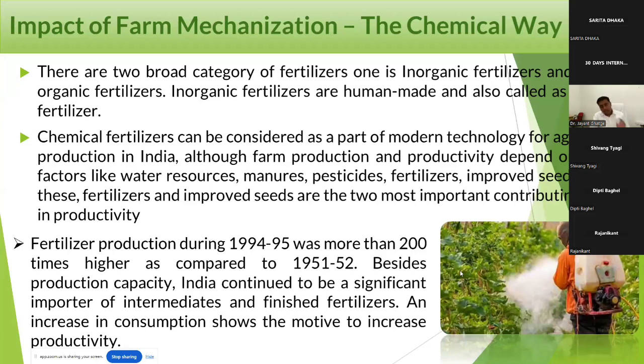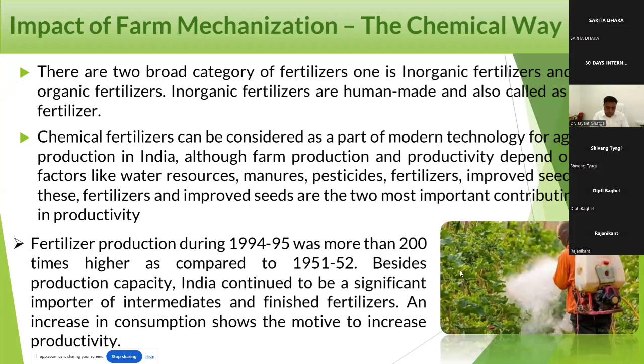Although farm production and productivity depend on various factors like water resources, manures, pesticides, fertilizers, improved seed, etc., fertilizers and improved seeds are the two most important contributing factors in productivity.